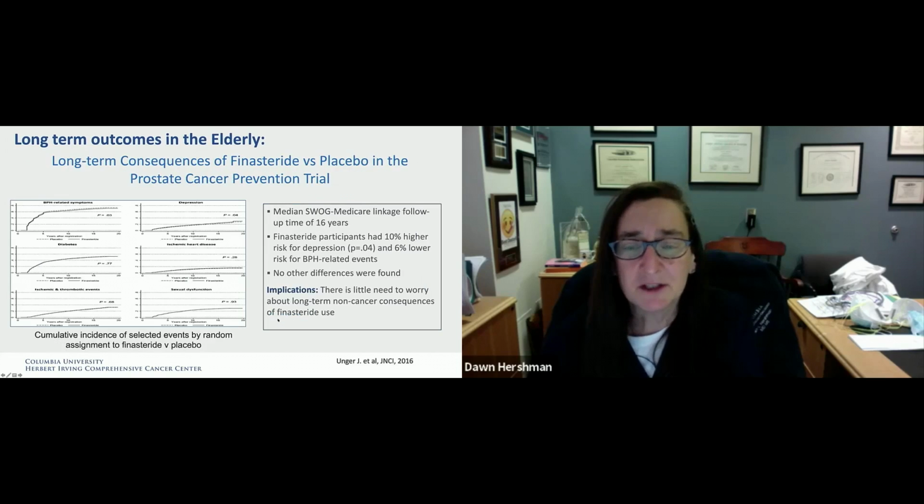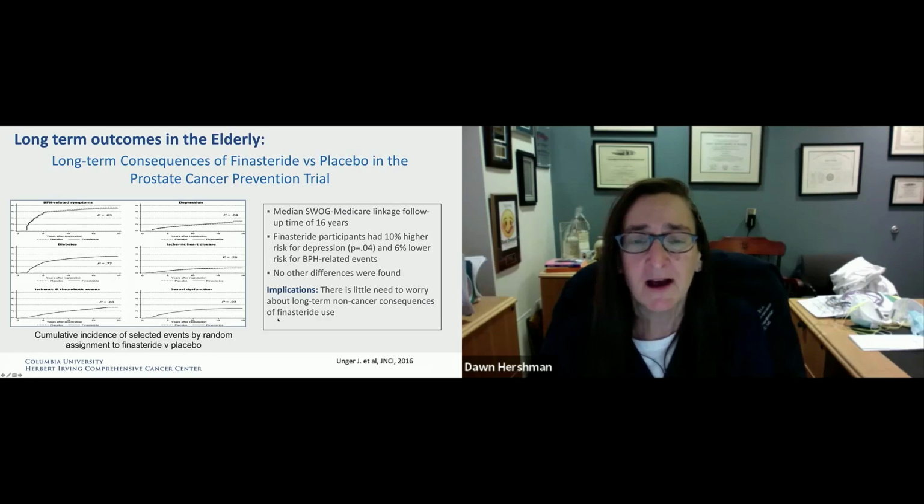Another thing we did was look at elderly patients enrolled in the prostate cancer prevention trial, where patients were randomized to finasteride versus placebo. One of the concerns with this trial was that maybe there may be some difference in the outcomes over a longer period of time that were followed on the clinical trial.